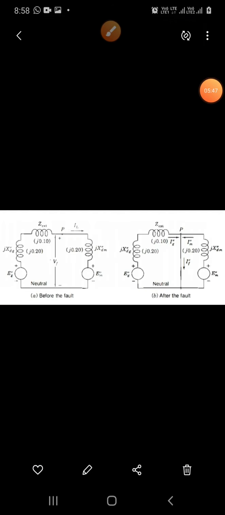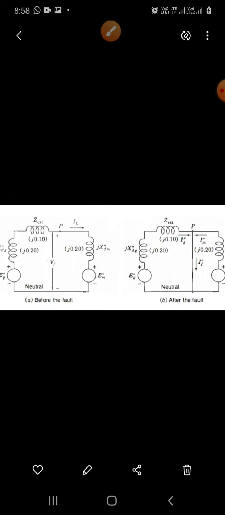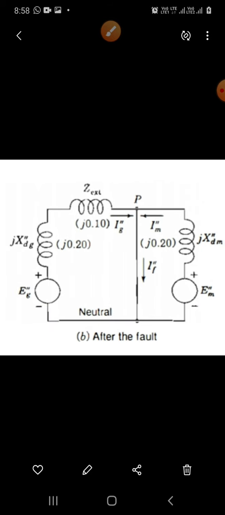Suppose I talk about the pre-fault condition first. See the diagram as per our previous discussion. This is the diagram for before the fault and this is the diagram for after the fault. You have to understand this diagram before going to solve the numerical.